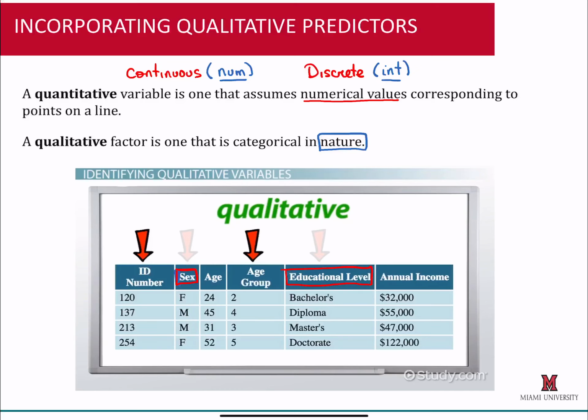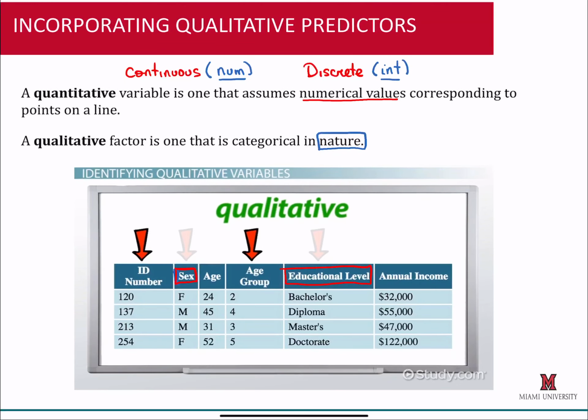But just think about this other variable, let's say age group, where this is actually represented in numbers in this data set, but it is categorical in nature because the number is supposed to be representing a group. So although this variable is categorical, is qualitative, it actually will not be read correctly by most programming languages, including R and Python.